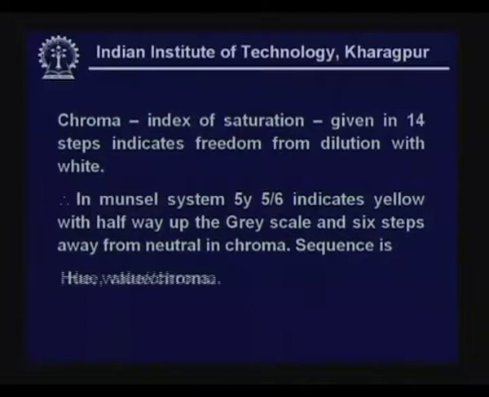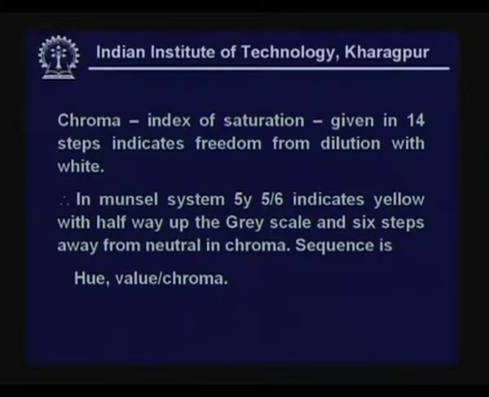With these, if you have a dimensional chart in a book of colors specified as 5Y 5/6, it indicates a yellow hue halfway up the gray scale and 6 steps away from neutral in chroma.